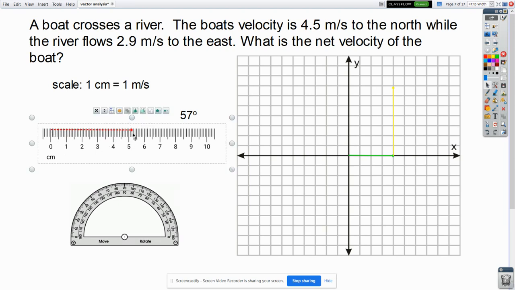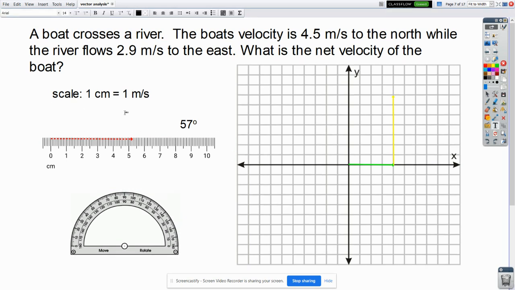And that length is a little bit beyond 5.2, so maybe 5.25. And that's meters per second because that's what we were dealing with, at an angle of 57 degrees.